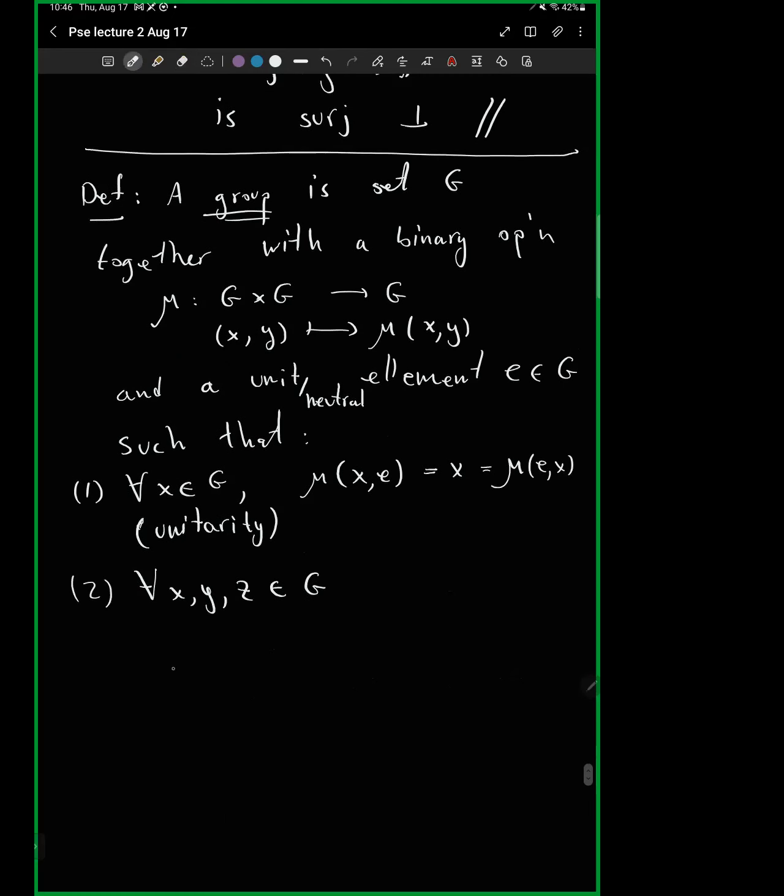So mu of mu of x, y with z is equal to mu of x, mu of y, z. And this is called associativity.